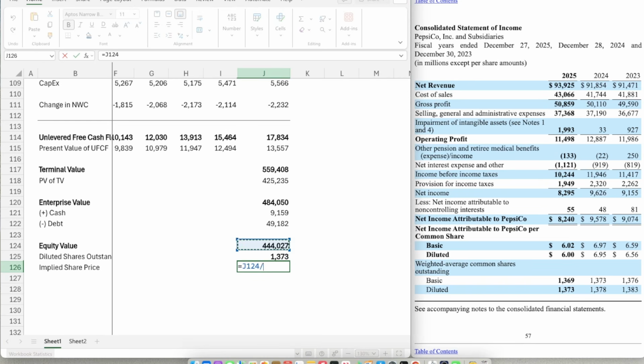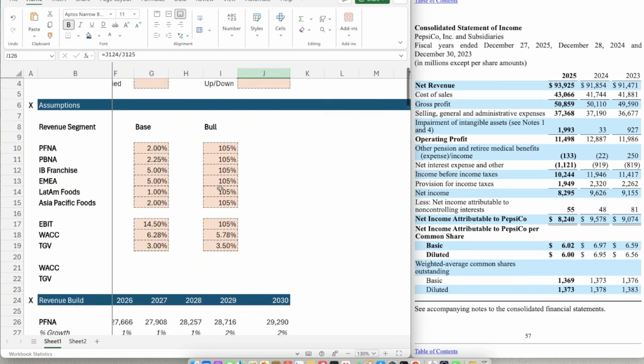And you take your equity value, divide by your diluted shares outstanding, and we get an implied share price of $323.